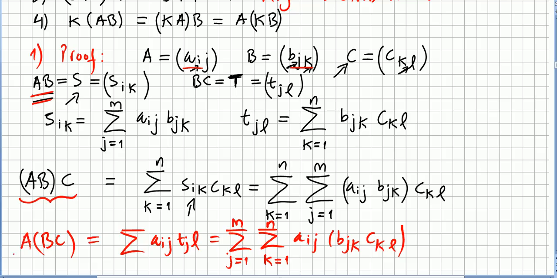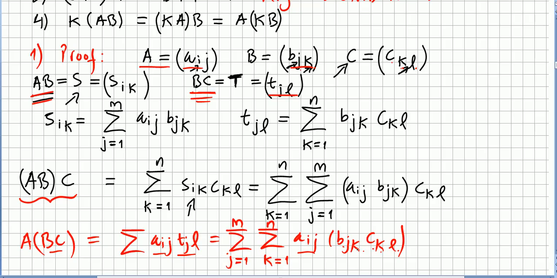So A times BC will be A, that's the A from here, so the sum of Aij, and BC is this one, that's Tjl, but T is BC, so that's the double sum of Aij times Bjk Ckl.